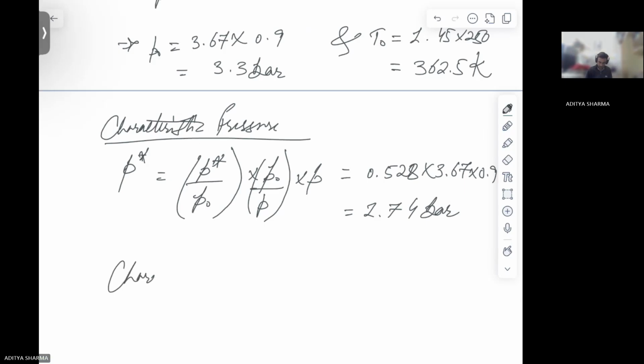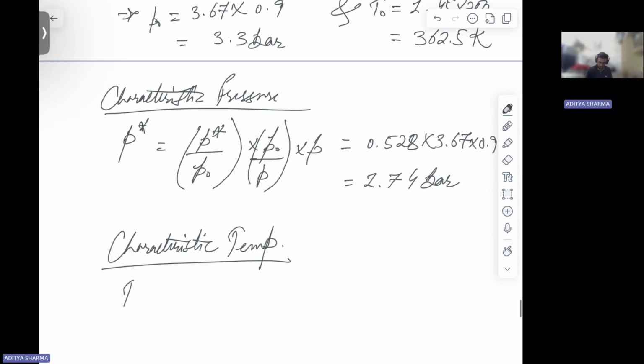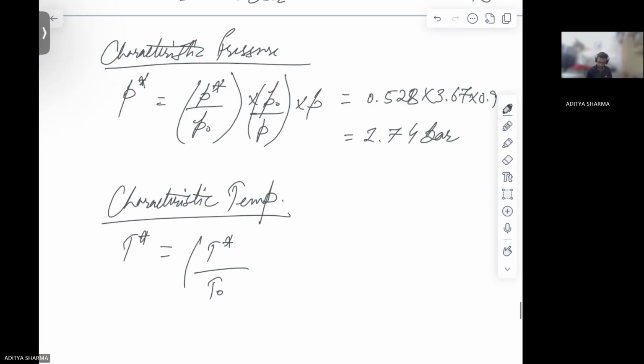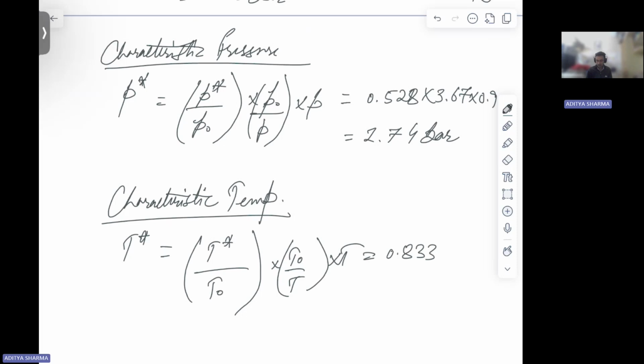Again, characteristic temperature T star by T naught into T naught by T into T. So this is 0.833 for gamma equals 1.4. And this is from table 1.45 and T is 250. So this will come out to be.